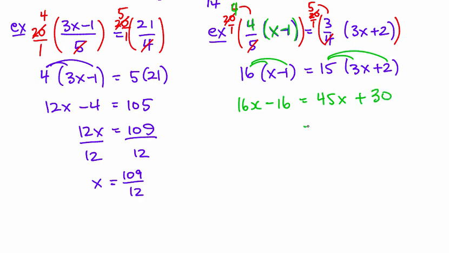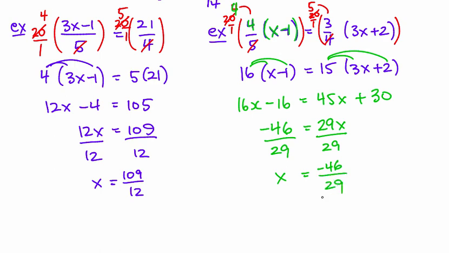And then get all the variables onto one side, so subtract 16 and subtract 16, subtract 30 and subtract 30, and divide both sides by the coefficient. You can switch it around. Notice I've kept my equal signs in a reasonably tidy row. And so I get 46, and 29 is prime, so it doesn't go into 46. And I'm done.